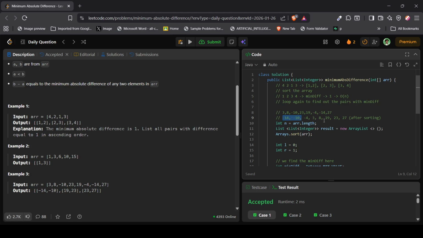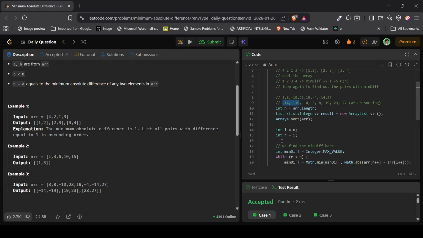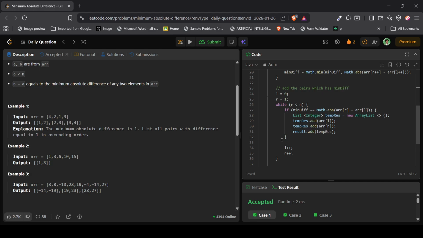If we find something smaller later, and these two were a pair but we didn't add it to the list, that is a problem. So at any point of time you need to first figure out the minimum difference and then only move to the next part.